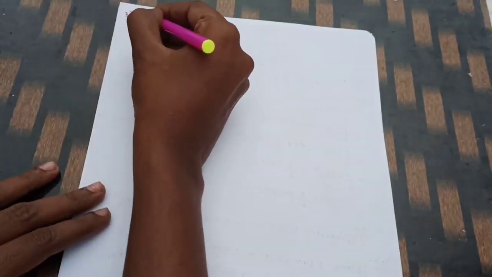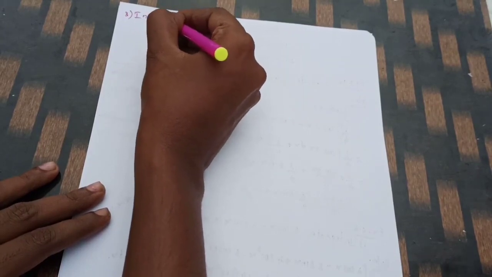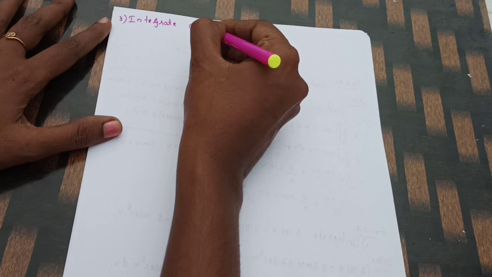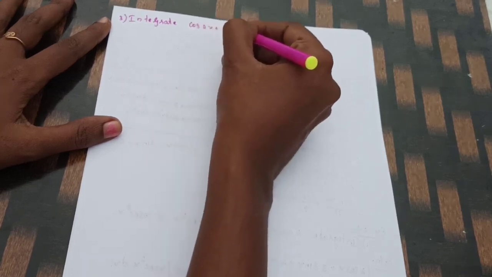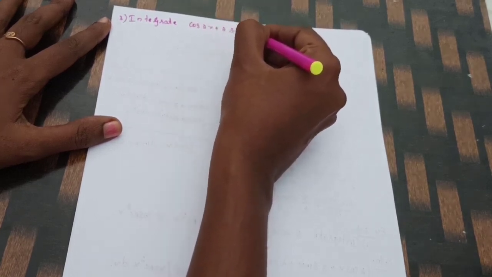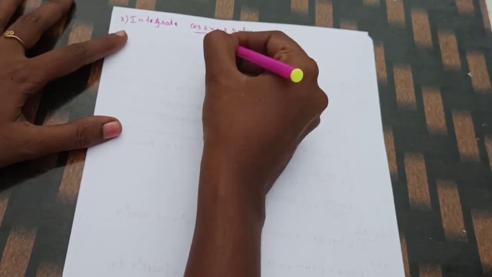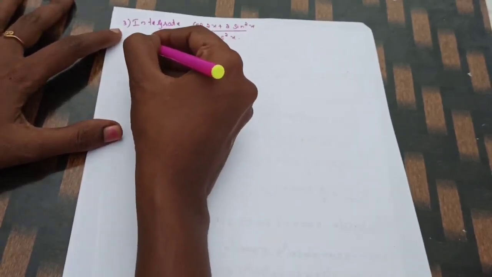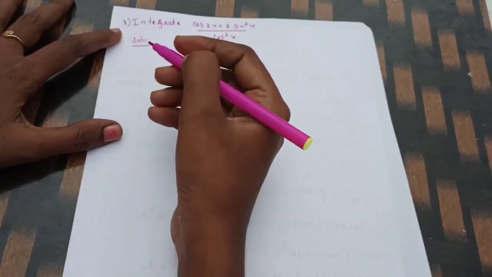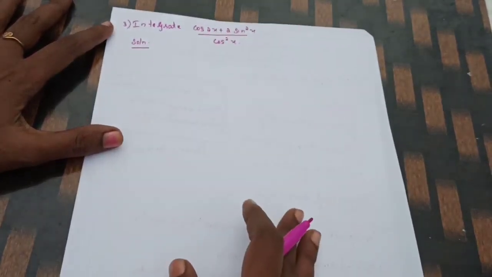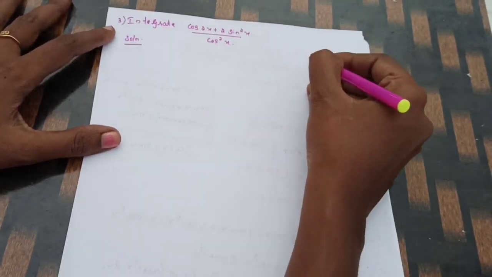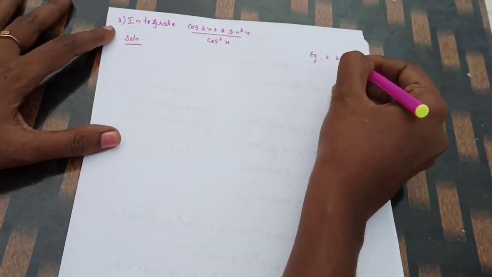Third question. Integrate cos 2x plus 2 sin square x divided by cos square x. Solution. Now listen here, already I taught you the formula for cos 2x in example 2.22.